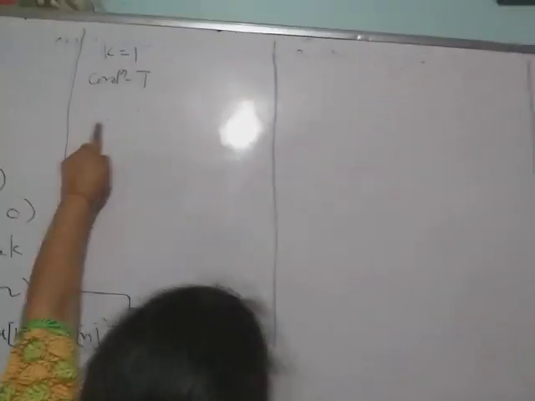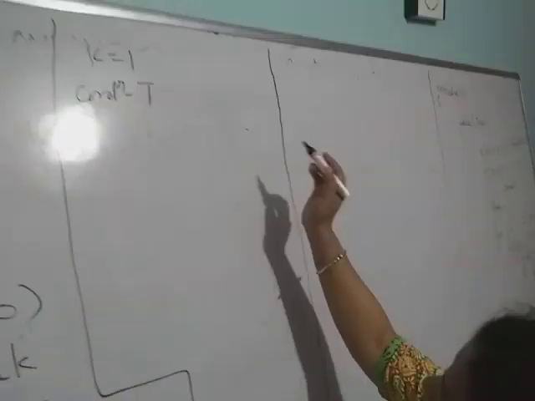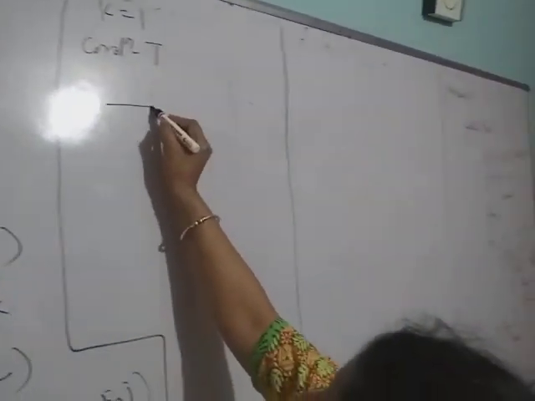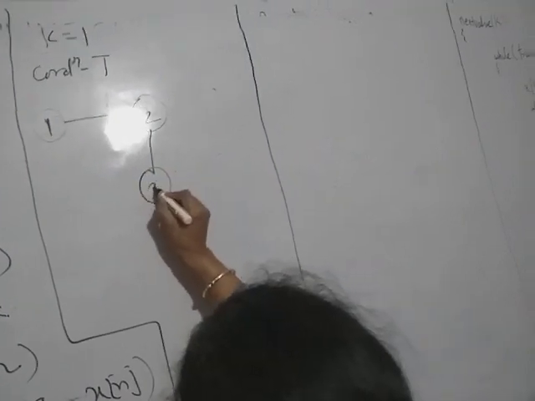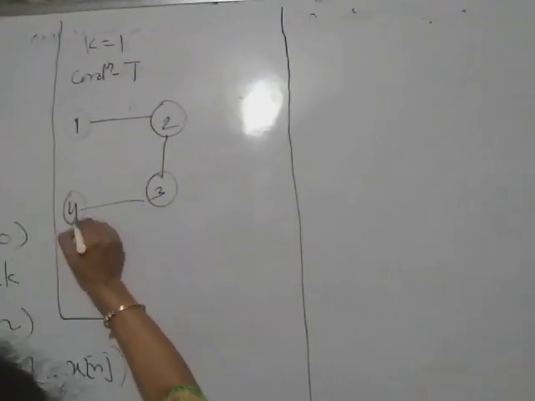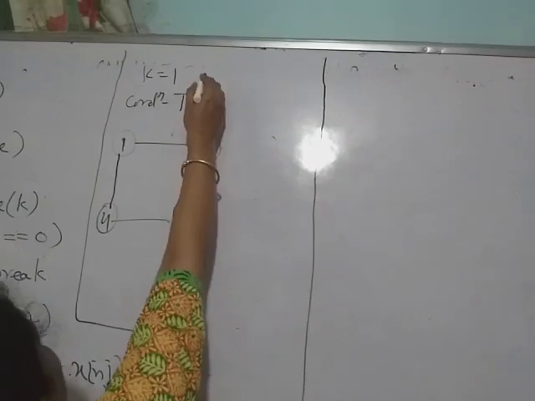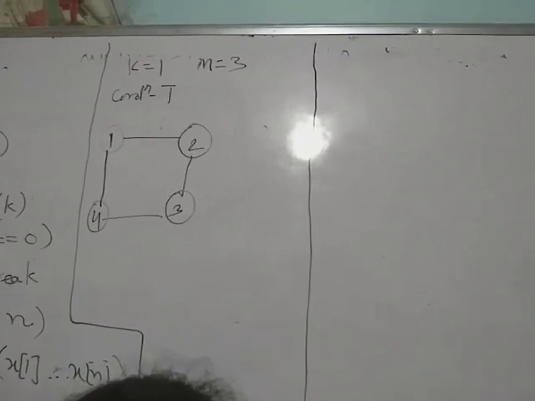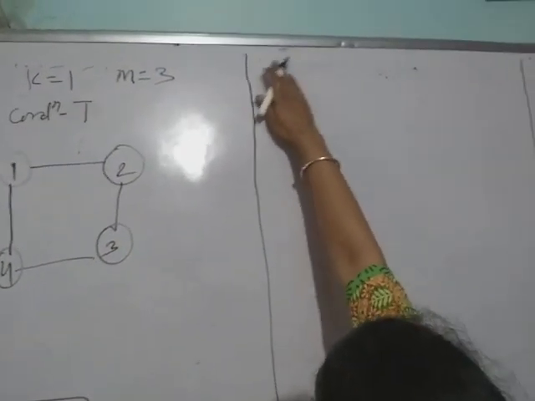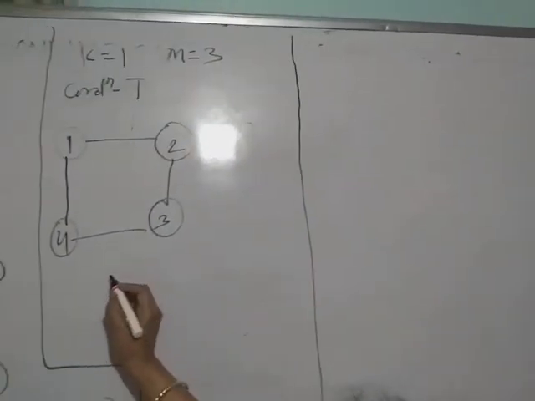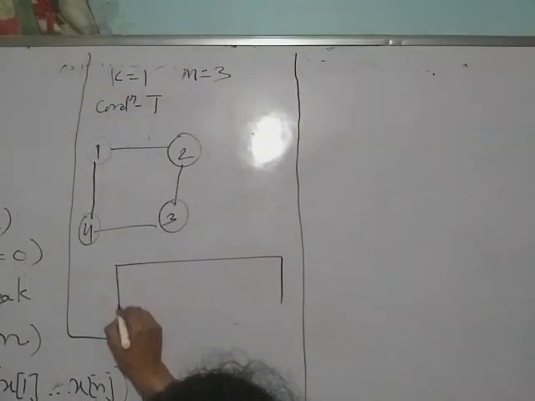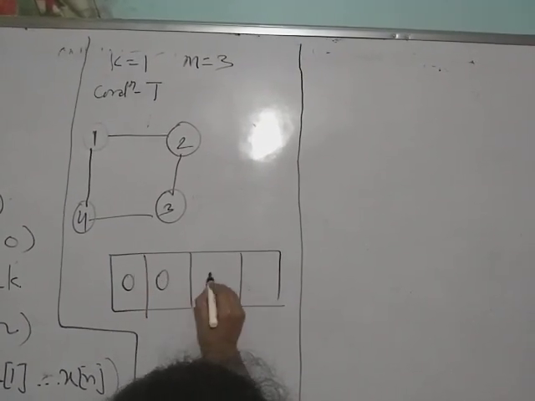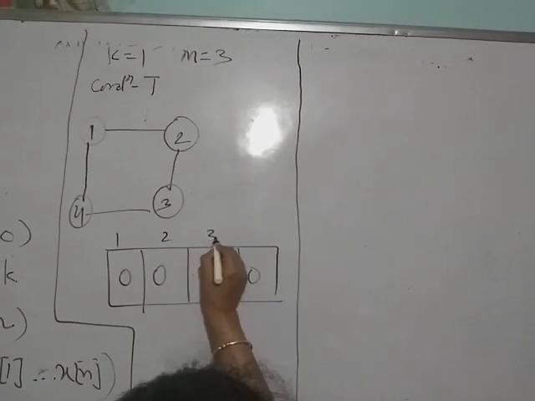Here the value of k is 1 and I am taking the graph as this one, with vertices 1, 2, 3, 4. This is the example graph, and the number of colors m is 3. The value of n, the number of vertices, is 4. The solution vector x is initialized with 0, 0, 0, 0 for vertices 1, 2, 3, 4.